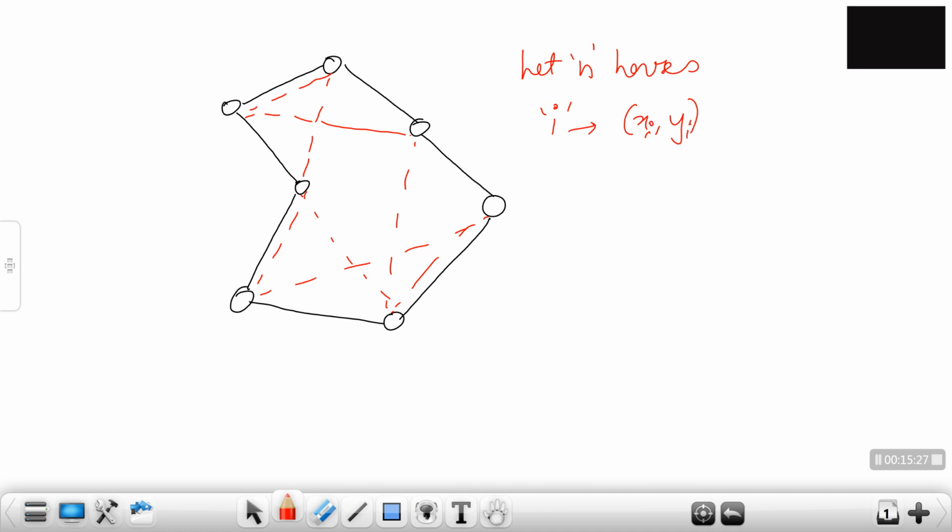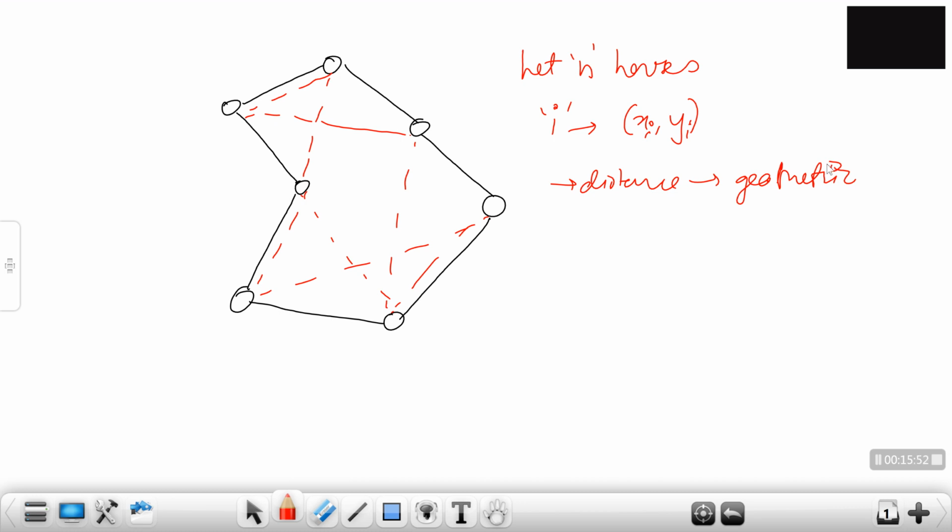If i is house number 1, it will be x1 comma y1. The distance between two houses is the geometric distance, basically the physical distance between them.